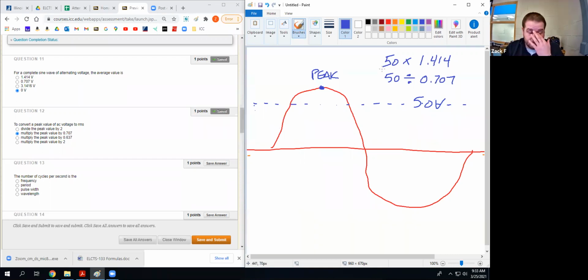Anybody got a calculator handy? 35. You say 35? Oh, I multiplied by 0.7, never mind. It shouldn't be right. It should be more than 50. Yeah, 70.7 volts.